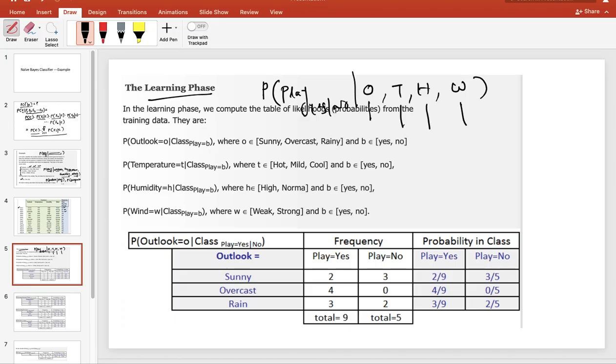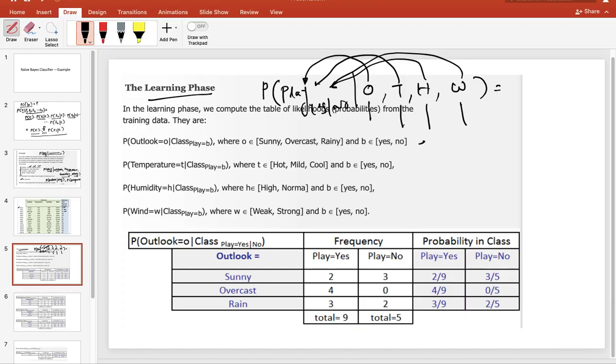For computing this, we saw that we need to compute the probability of outlook given play, probability of temperature given play, probability of humidity given play and probability of wind given play, of course with the individual values of outlook.